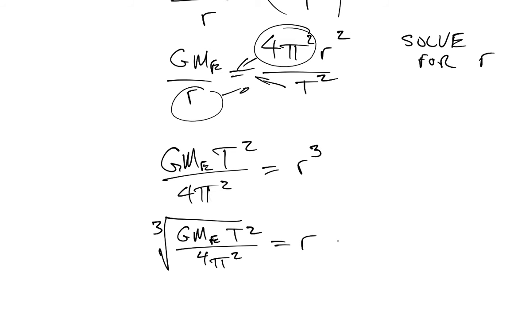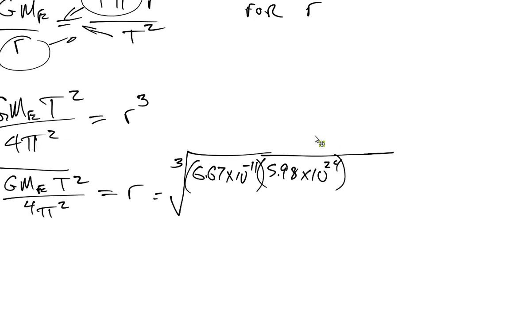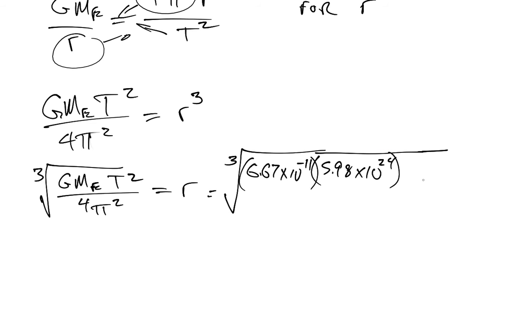So, let's plug in our values now and let's see what we get. A cube root of 6.67 times 10 to the negative 11, times 5.98 times 10 to the 24 kilograms, times 24 times 3,600 seconds per hour.